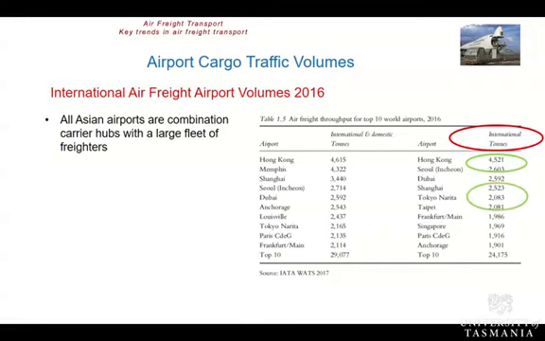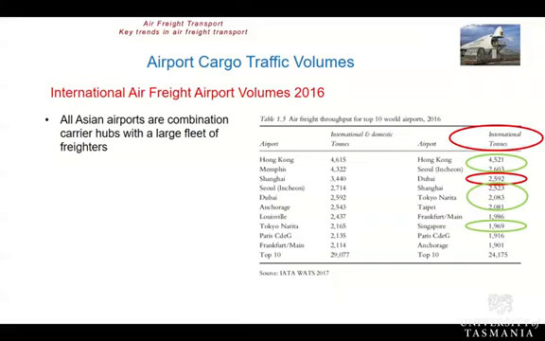Hong Kong and Seoul, Shanghai, Tokyo, Taipei and Singapore are in the top 10 international hubs in the world. So, if you think back on some of the volumes moving out of Asia and within Asia, it's probably unsurprising that most of the hubs are going to be in Asia.